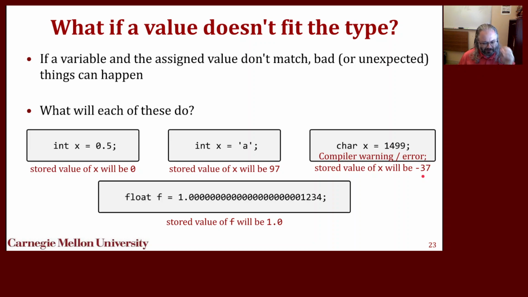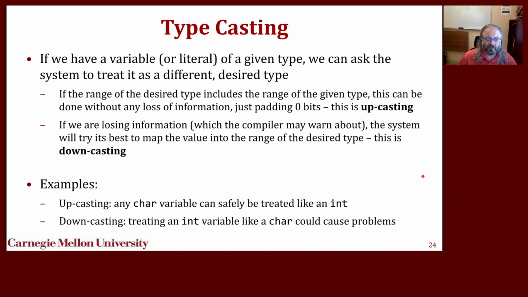And again, you can figure out exactly what assumption it's making to get from 1,499 to -37. So upcasting is usually not a problem. Downcasting sometimes isn't a problem, but sometimes can be a problem because we are potentially losing information. And losing information is exactly how we go from 1499 to -37.